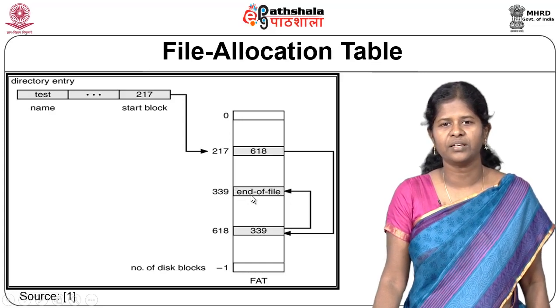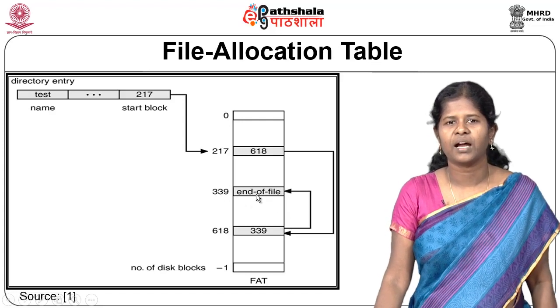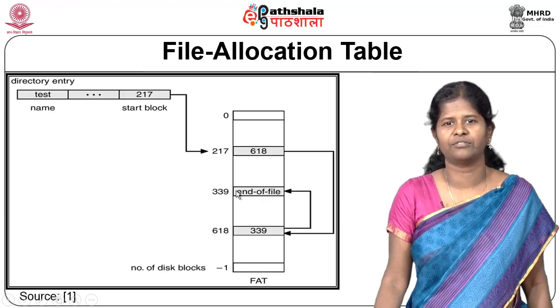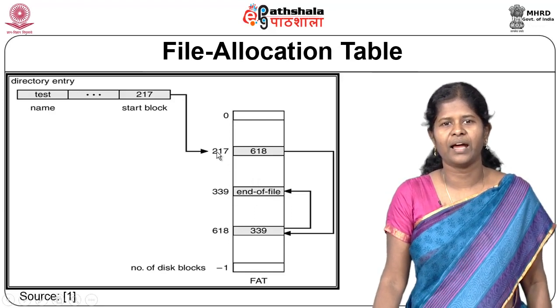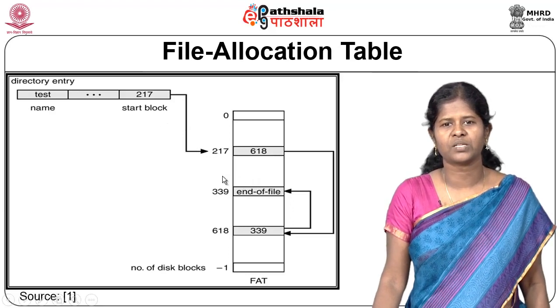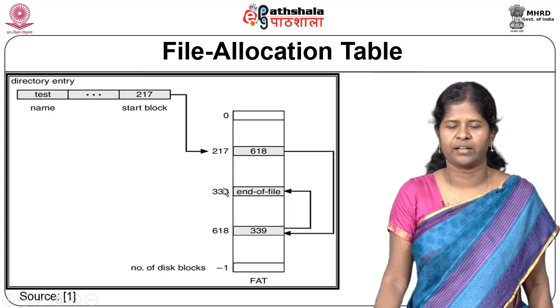You see end of file here, which means that is all the contents of that particular file. So, this file has been allocated disk block numbers 217, 618 and 339.